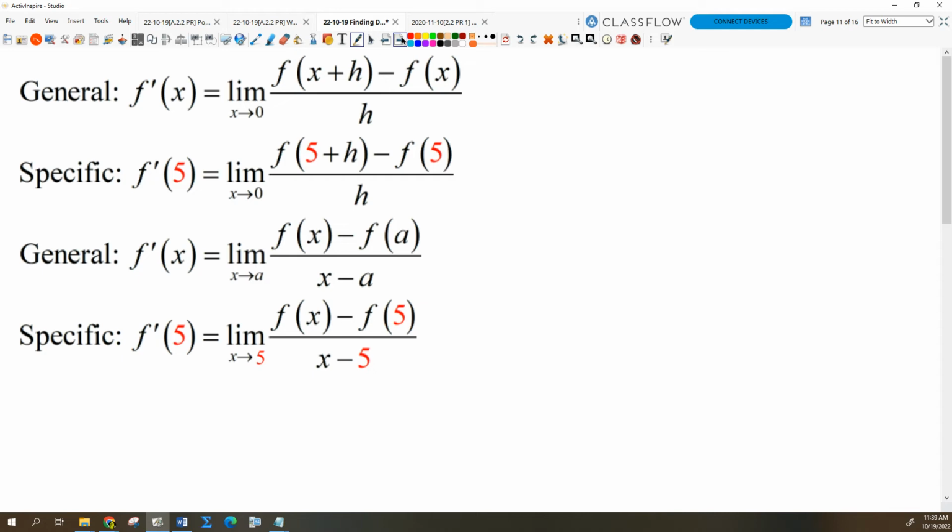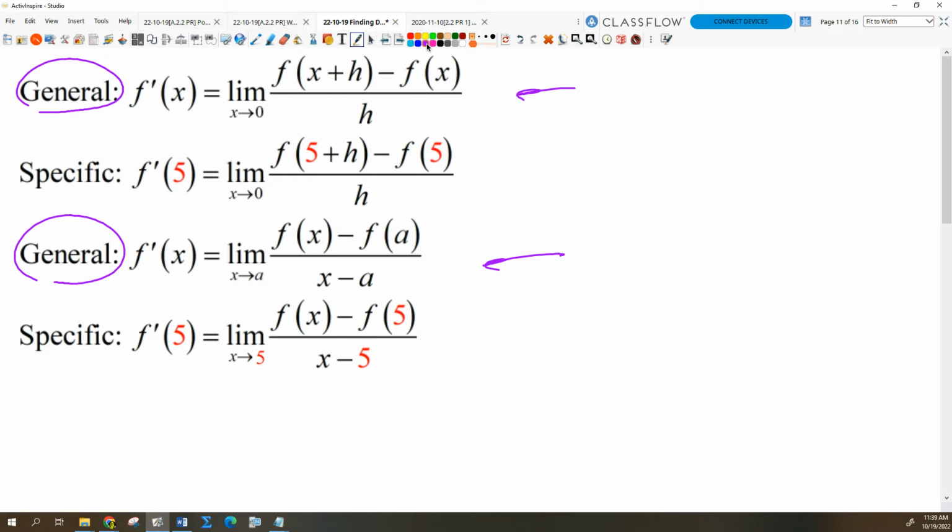And remember, if I use either this version or this version, notice that I'm being general. I'm coming up with derivative functions. F prime of x is a derivative function where I can plug in any value of x and it'll spit out the value of the derivative for that value of x.